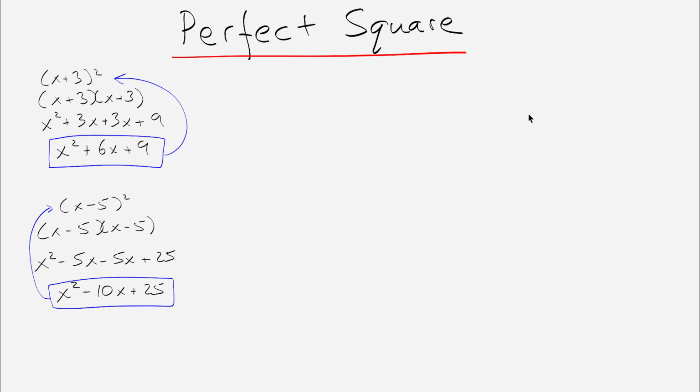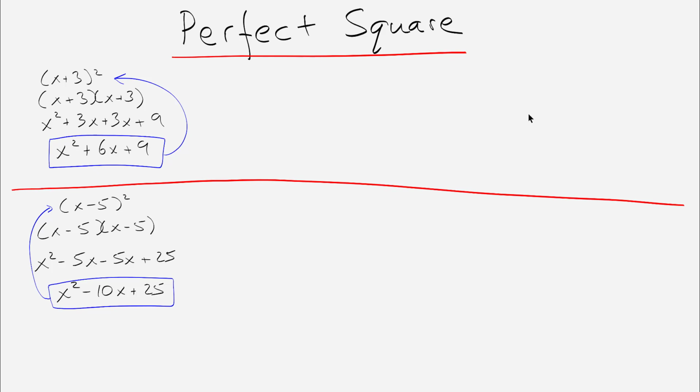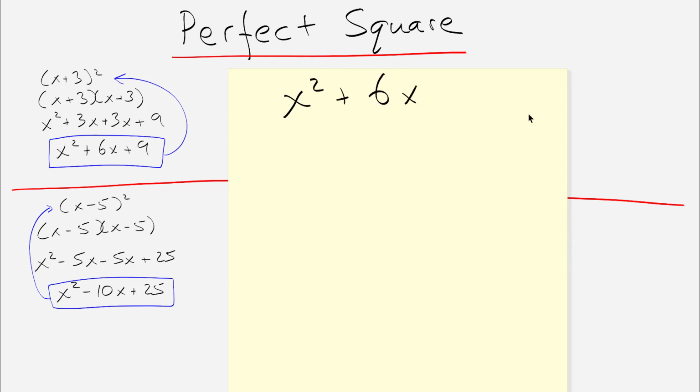So we need to understand how to go the other way. Let's say, for example, I start off with x squared plus 6x plus 9, and I have to represent this as the perfect square. So we already know from looking over here, it's x plus 3 squared. And how do we recognize that? Well, initially you could say we have two ways.